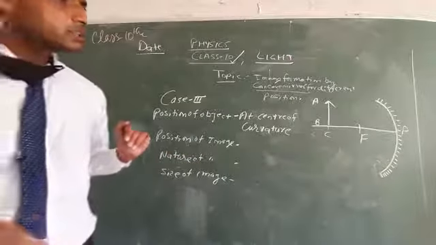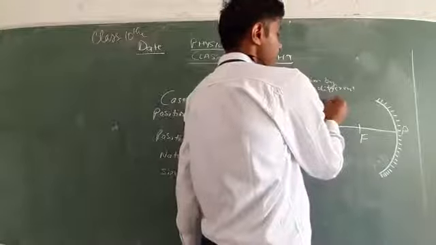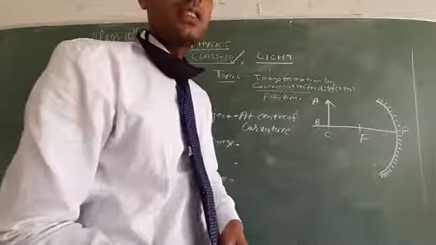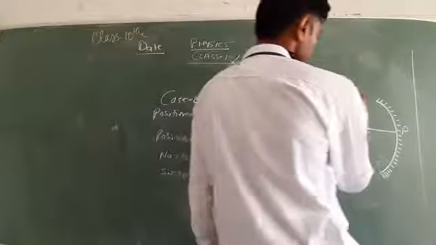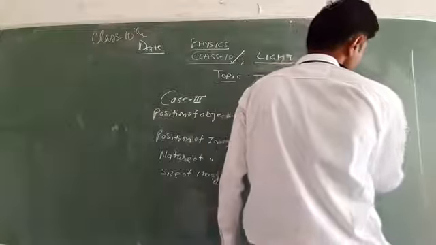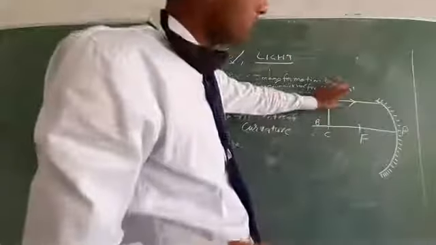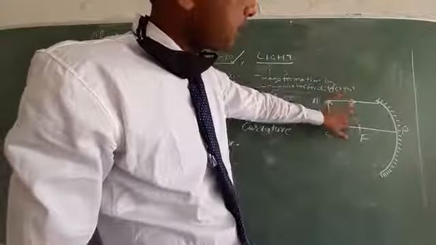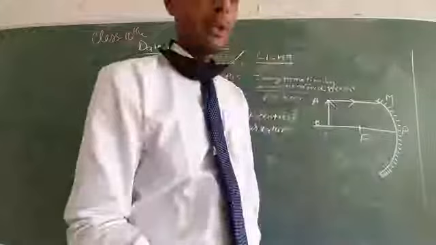So let a ray of light start from point A and travel parallel to the principal axis. These rays of light travel parallel to the principal axis and are incident at point M on the mirror.